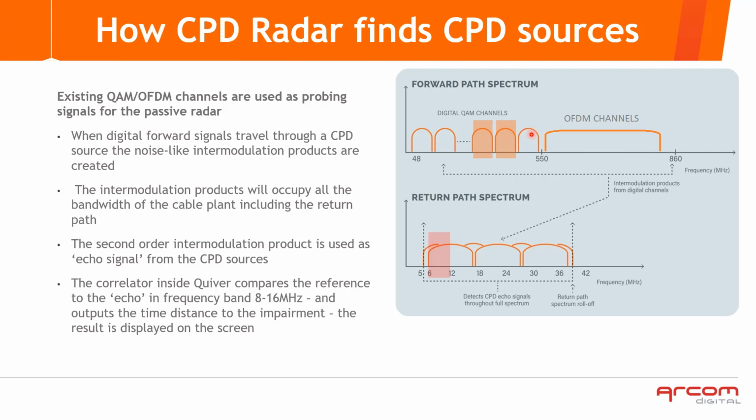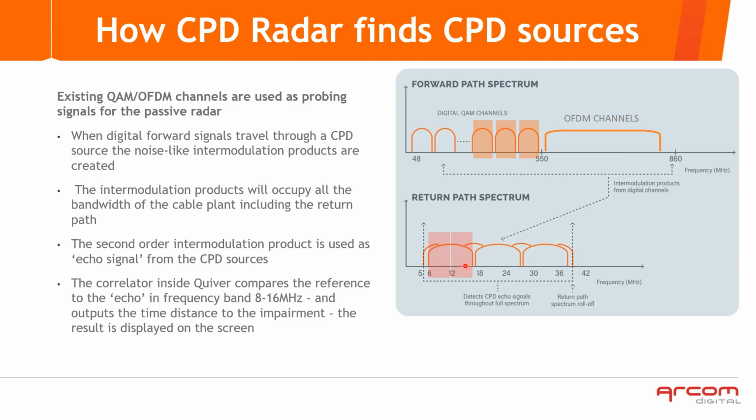If we add another channel to our consideration and we take that there are intermodulations happening between these two channels, it will add intermodulation products that are covering from 12 to 18 megahertz.